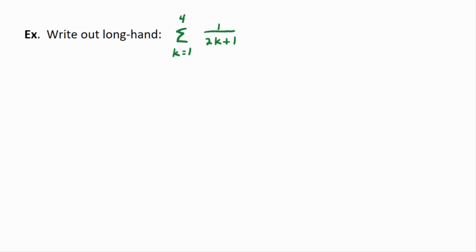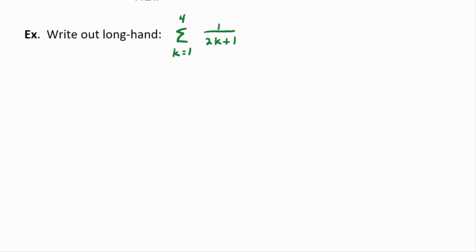It's a specific number. So how many terms would we expect to have in this sum? 4. And all we do is start at k equals 1, see what the formula looks like when you plug in k equals 1, then go to k equals 2, add that in. Go to k equals 3, evaluate the formula, add that in, and so on until you get to an input of 4, and then you stop.